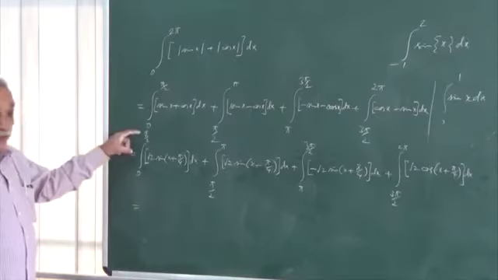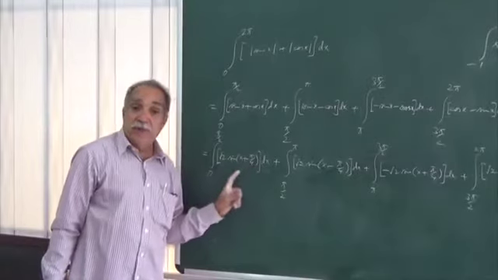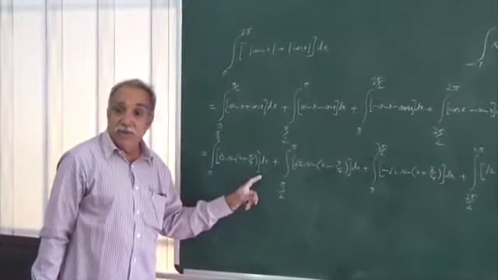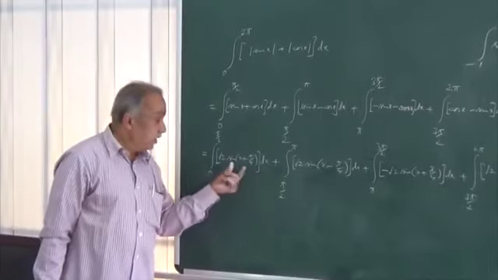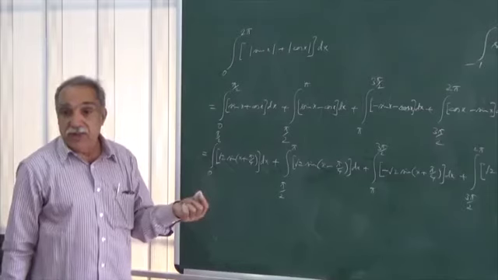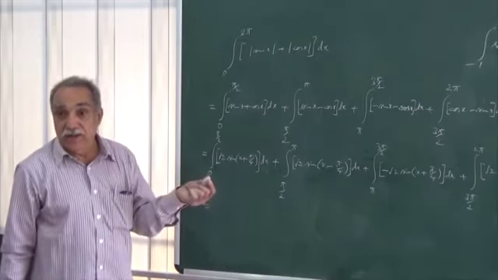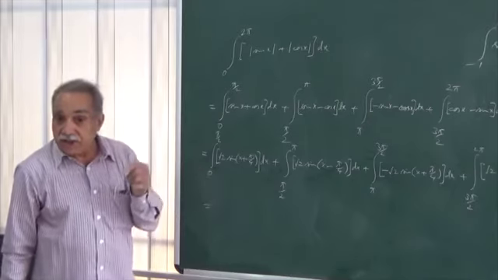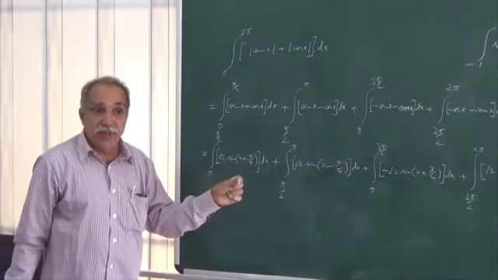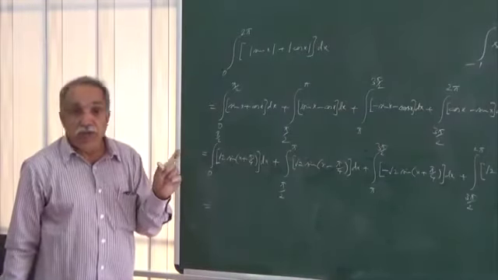X is between 0 and pi by 2. X plus pi by 4 will be between pi by 4 and 3 pi by 4. When theta is between pi by 4 and 3 pi by 4, sin theta will be ranging between 1 by root 2 and 1. It starts from 1 by root 2, increases to 1, then decreases to 1 by root 2. Throughout, the values will be between 1 by root 2 and 1.